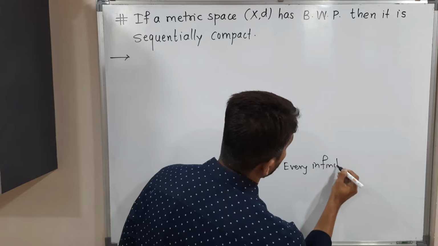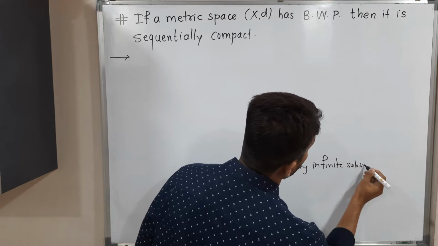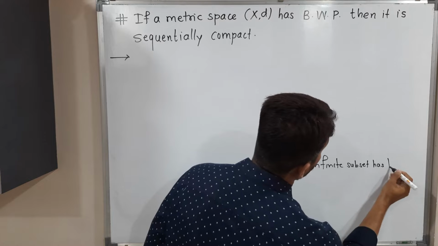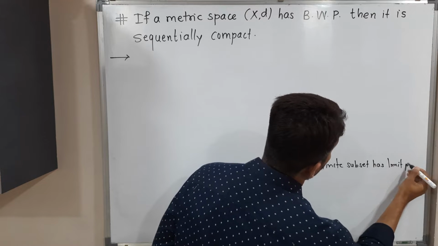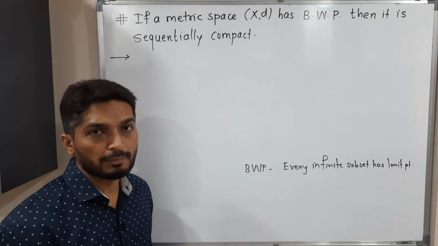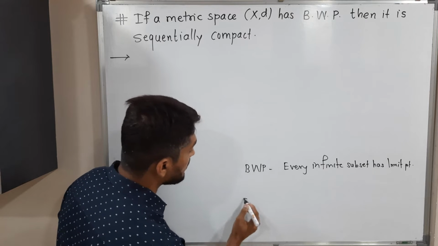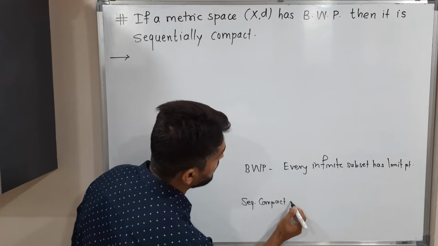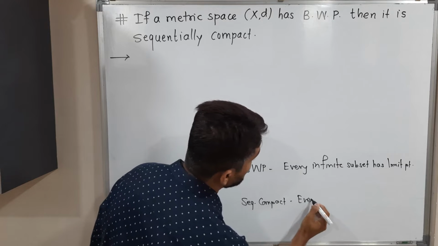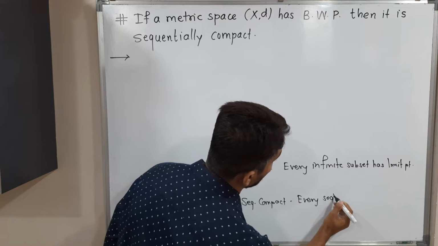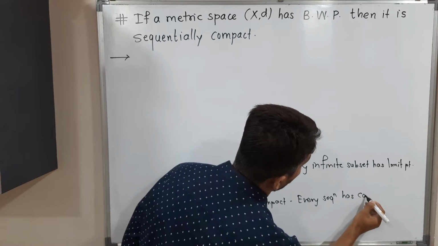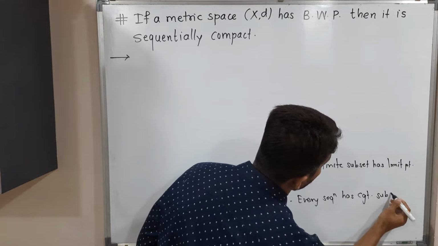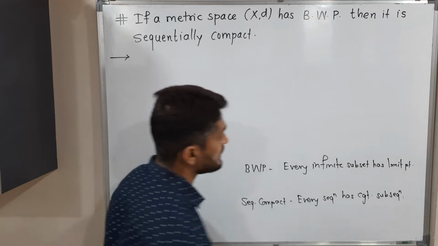Every infinite subset of a given matrix space has a limit point. And the second is sequentially compact matrix space. Sequentially compact matrix space means every sequence has a convergent subsequence.